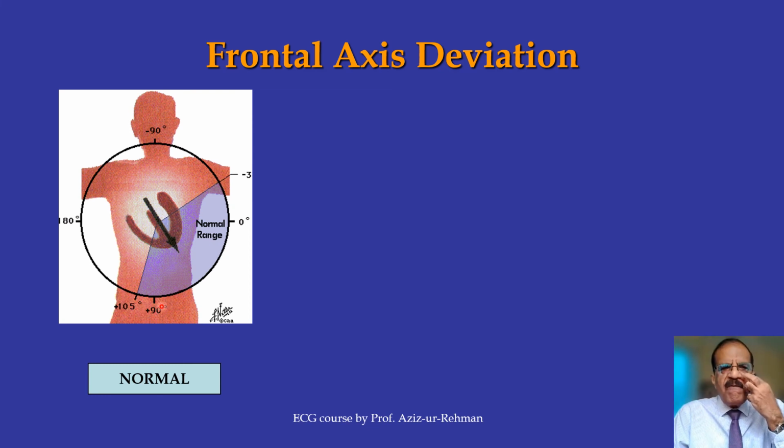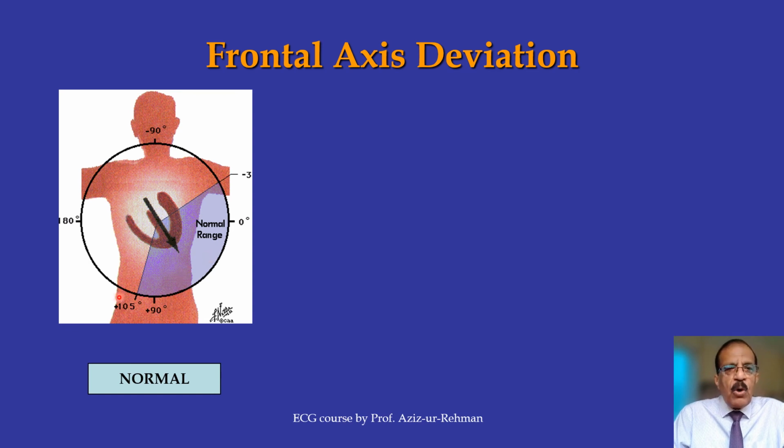I told you different authorities use different cut points. Some use 90, some use 105, some use 110. But I think we can imagine 105 for the sake of discussion. So any cardiac axis falling in this range would be normal frontal cardiac axis.